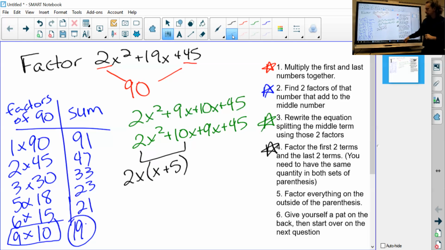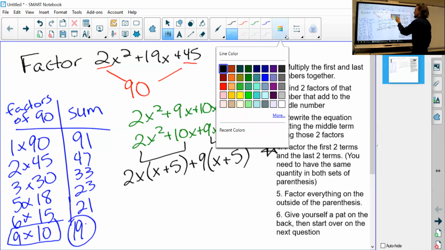Okay, so I just factored out these 2 terms, took the 2x out, still have x plus 5 in my parentheses. And then I do the same thing for the right. So 9x and 45, those have a 9 in common. So I know I can factor out a positive 9. And then what I'm left with, 9x divided by 9 is x, 45 divided by 9 is 5. Okay, here's the key.